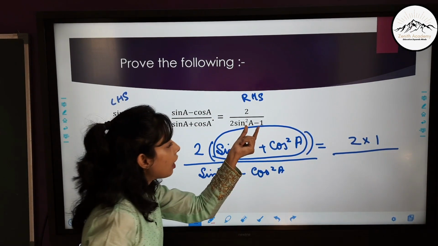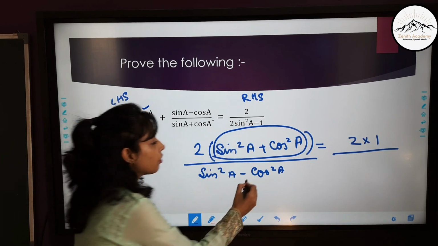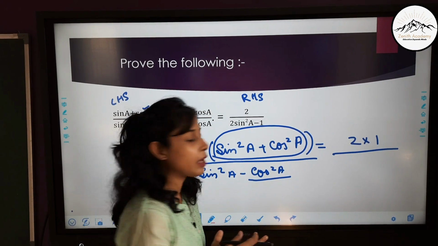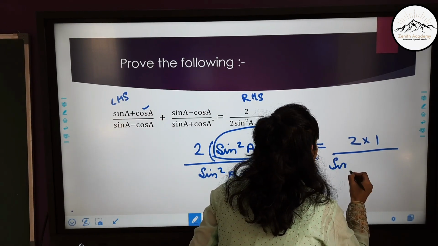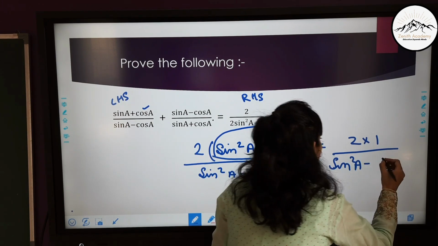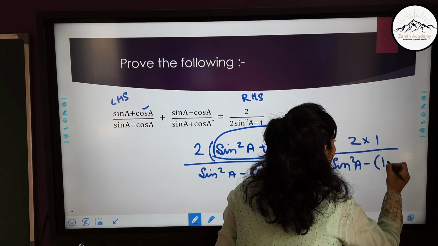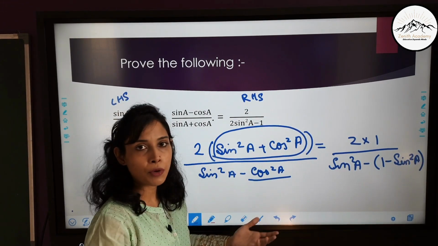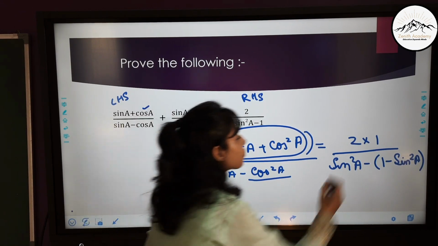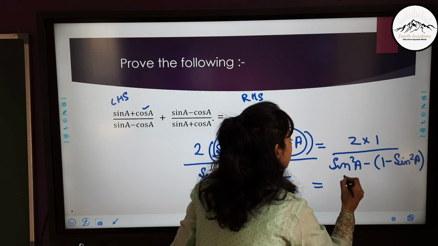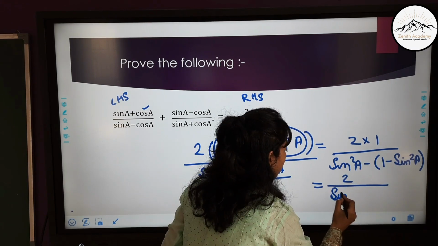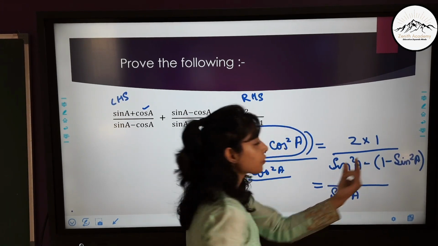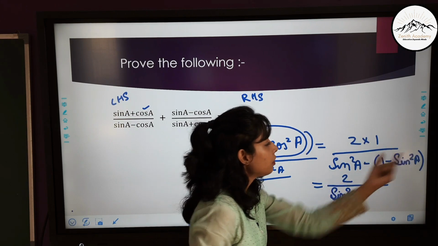Now here, since RHS is in terms of only sin, we need to convert this cos, and we know that cos square A is equal to 1 minus sin square A. Let us write it in this form: sin square A minus (1 minus sin square A), by the same property, sin square A plus cos square A is equal to 1. So 2 upon, now see, since this is a minus sign, when we open the brackets, it will change.